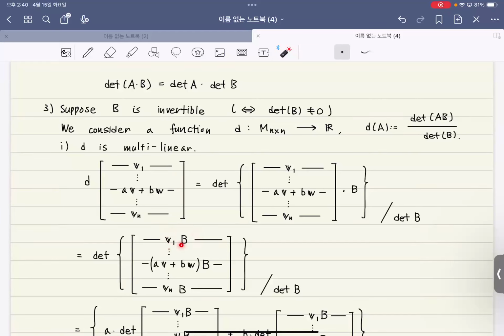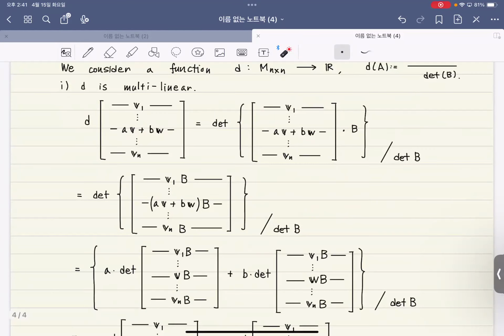So the first row of the resulting matrix can be understood as V1 times B, and this is V2 times B, and this guy times B, and Vn times B. The resulting matrix must consist of these rows.